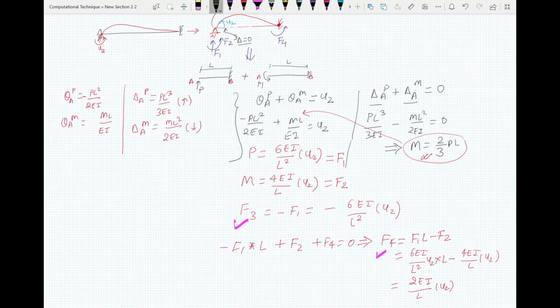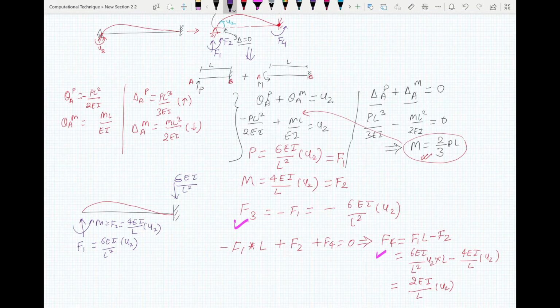So when this one is rotating like this, you'll have your F1 here, which equals 6EI by L square U2, and you'll have your M, which equals F2, equal to 4EI by L U2, and here is 6EI by L square U2 in downward direction, and this one will be 2EI by L U2.